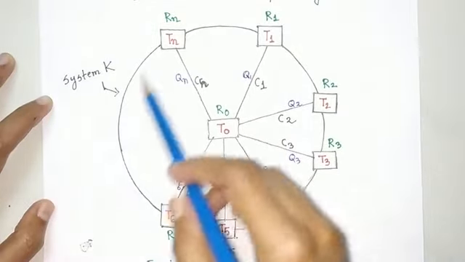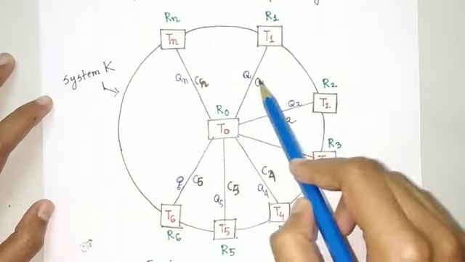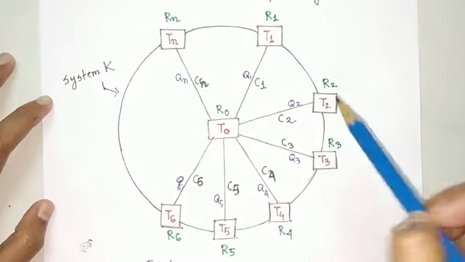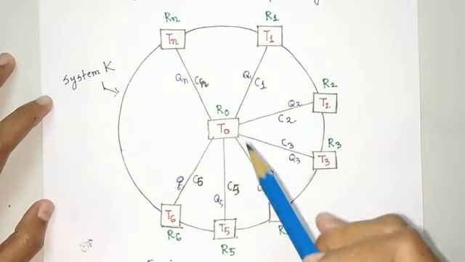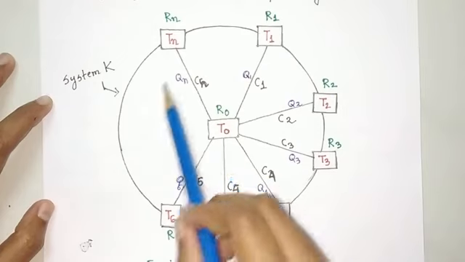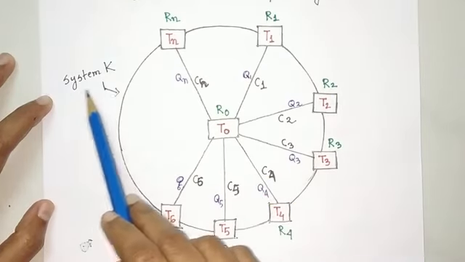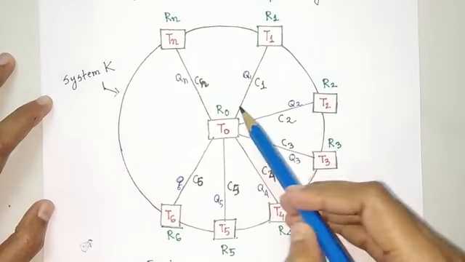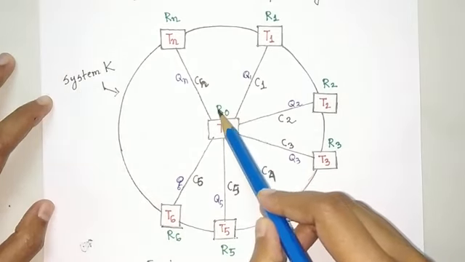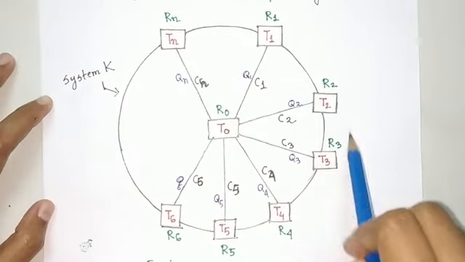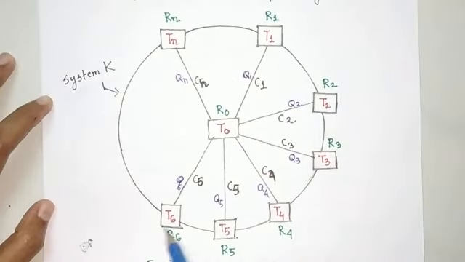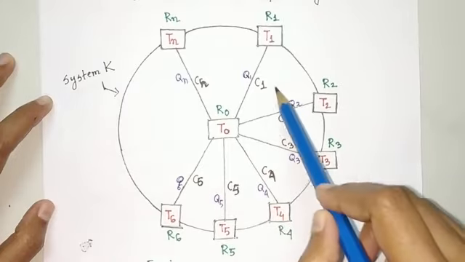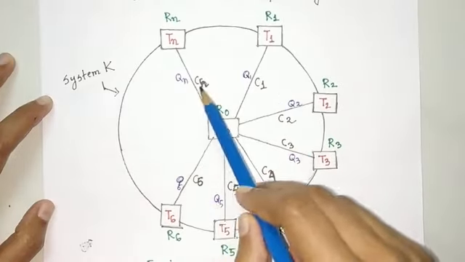So this whole system consisting of n Carnot engines, n individual reservoirs, and one common reservoir R0 makes up this composite system K. It consists of the common reservoir R0, n reservoirs, and n Carnot engines starting from C1 up to Cn.